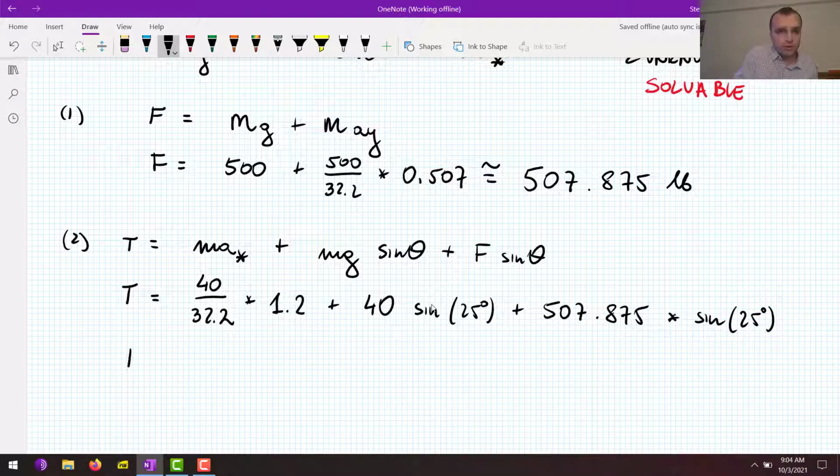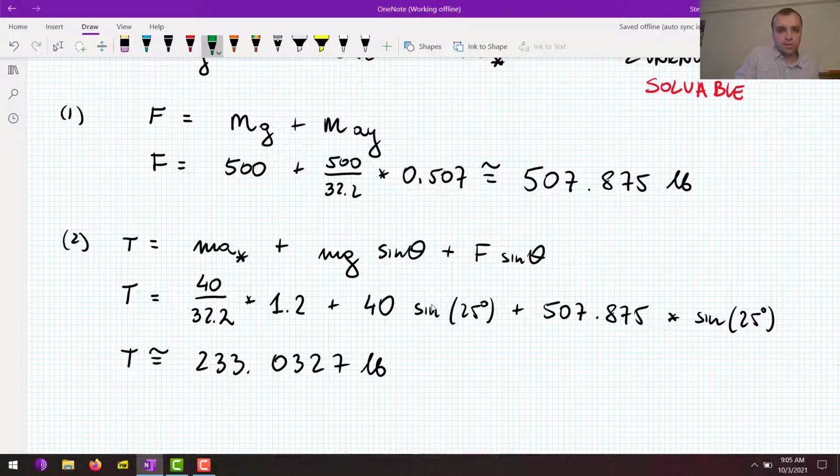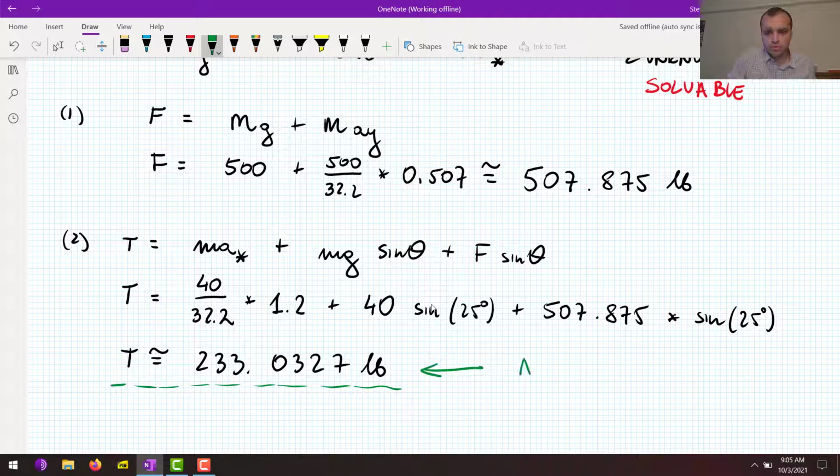Please grab your calculators and obtain that T is approximately 233.0327 pounds. And this is the answer to part B. Great. This is the end of the problem. This is the end of the example.